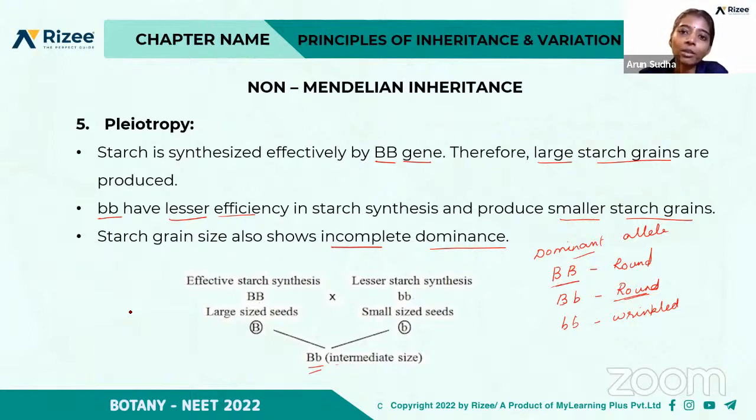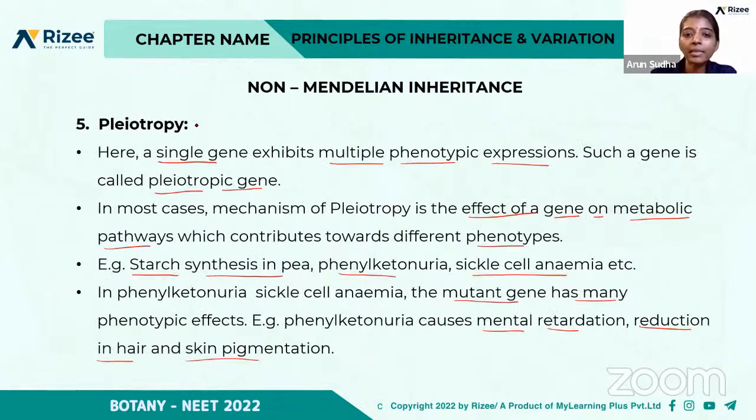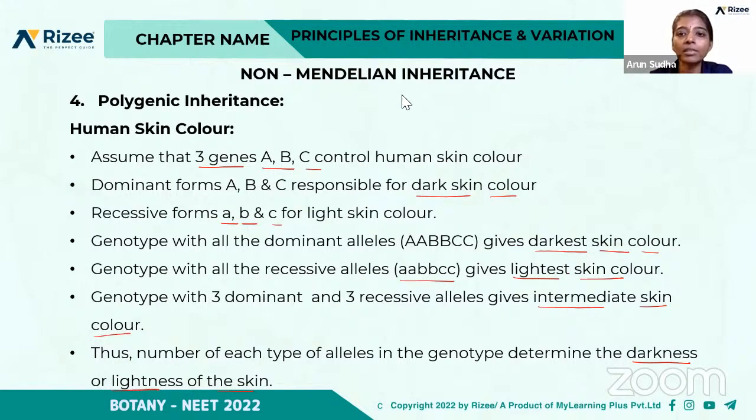It differs for the particular phenotype. As far as the shape of the seed is concerned, it is dominant, and as far as the size of the seeds produced, it shows incomplete dominance. So what do you mean by pleiotropy? Pleiotropy is the single gene exhibiting multiple phenotypic expressions. That is called the pleiotropic gene.